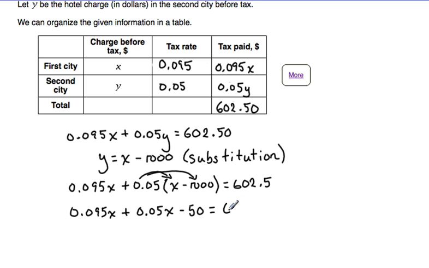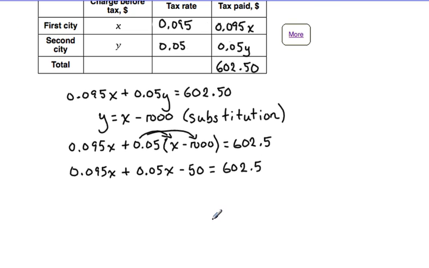And we have 602.5 on the right-hand side. Our next step is going to be to combine like terms. So 0.095x plus 0.05x adds up to 0.145x, and we have minus 50 equals 602.5.